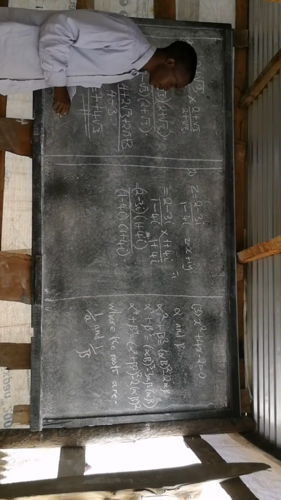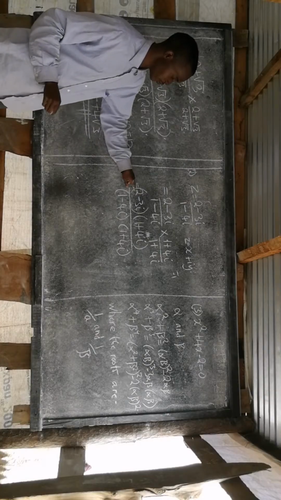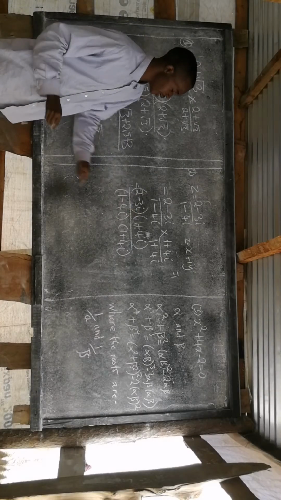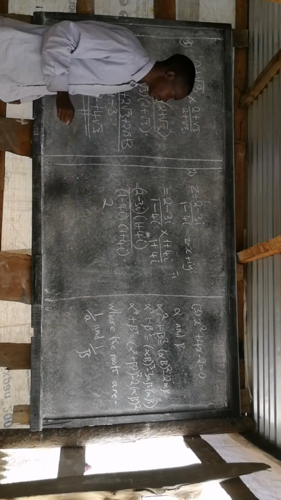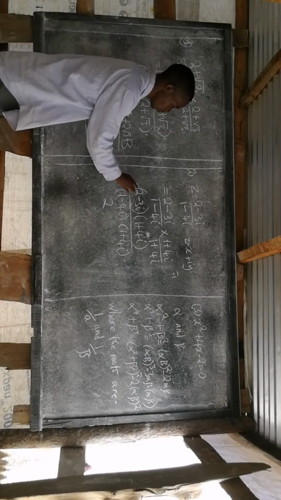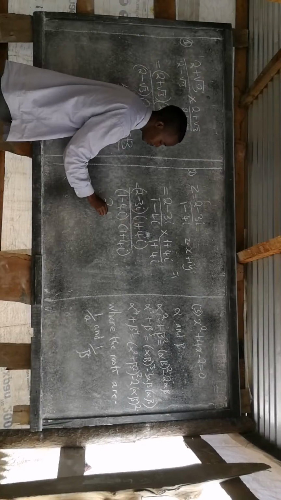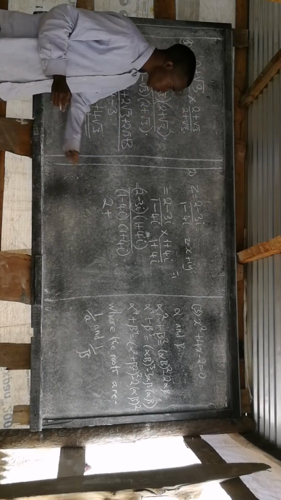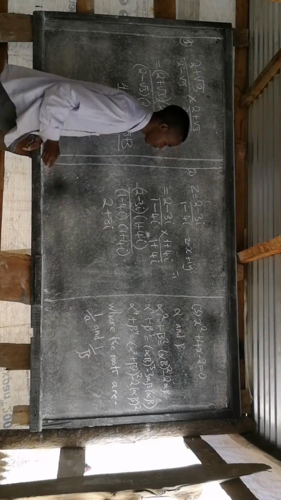So 2 minus 3i, 1 plus 4i. Then we multiply 2 times 1, it will be 2. That's the first thing. 2 times 4, it will be plus 8i.